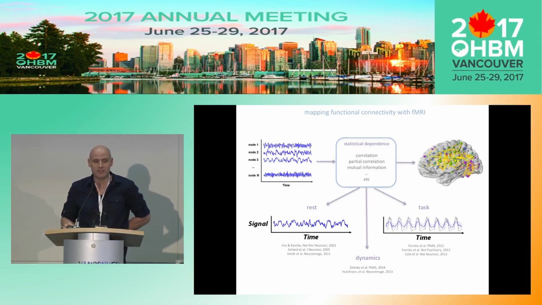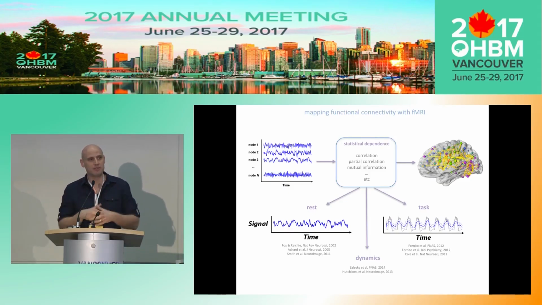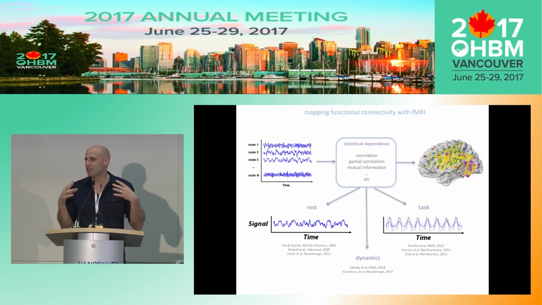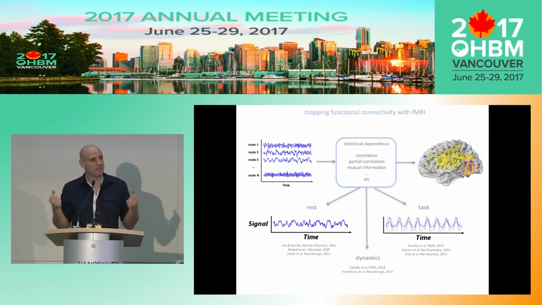And then the final domain is looking at task fMRI. In task fMRI, it's not as simple as just taking the time courses and computing a correlation, because the task is driving brain activity in some way, and typically we're interested in trying to isolate the effect that the task is having on coupling, so the task-dependent coupling between regions, as distinct from more background, intrinsic, task-unrelated processes, and also coactivation effects.